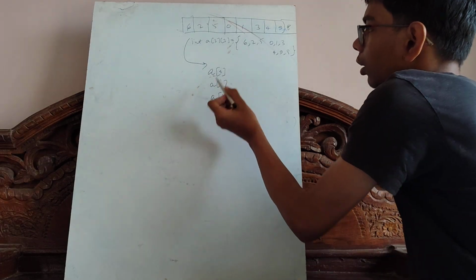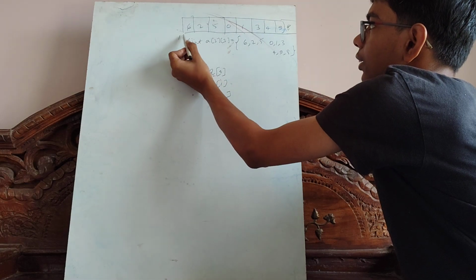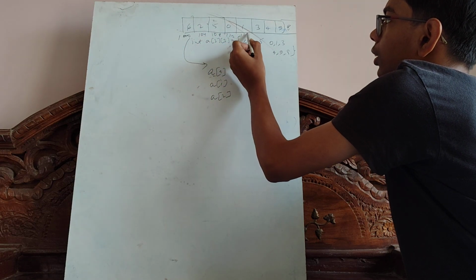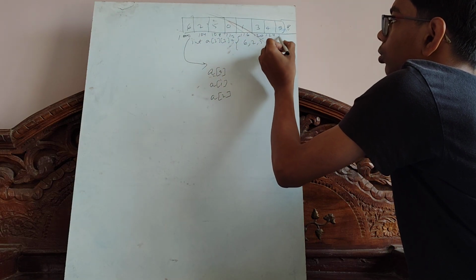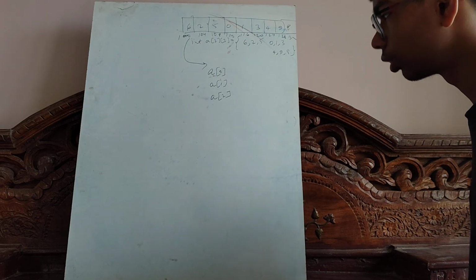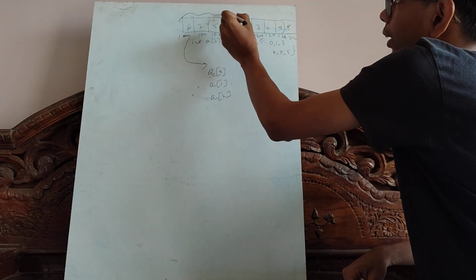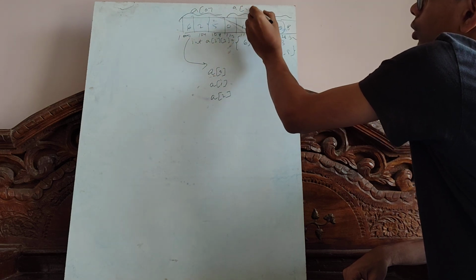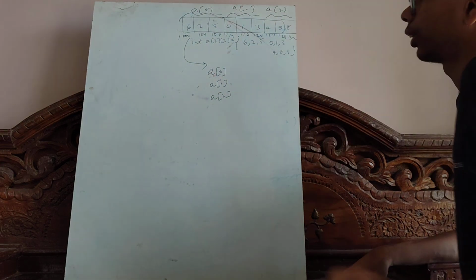Suppose my address is this, 100, and this is an array itself: a of 0, a of 1, a of 2, right?